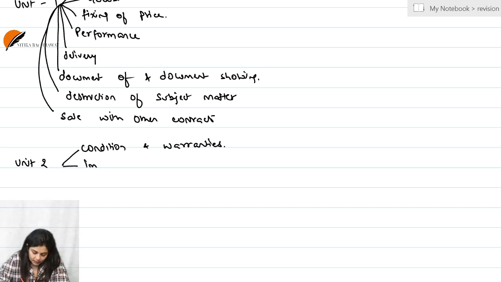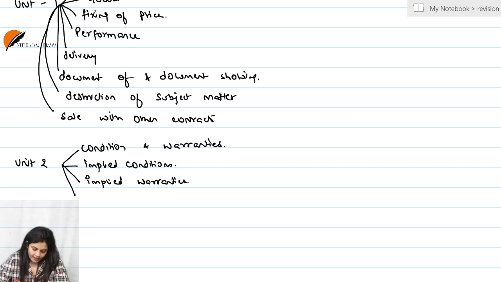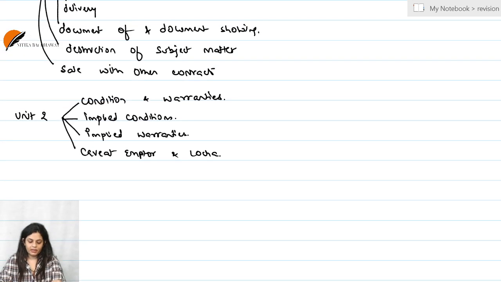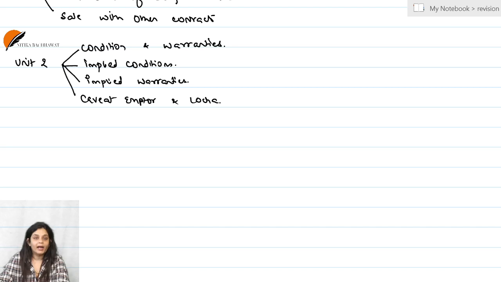We had also discussed the difference of both. We had done implied conditions, which were 8 in number. Then we had done implied warranties. Then we had done the rule of caveat emptor and its loopholes, right? And we had 8, 9 loopholes here in caveat emptor. Basically, all implied conditions were loopholes and also trade name. So basically, 9 loopholes we had here.